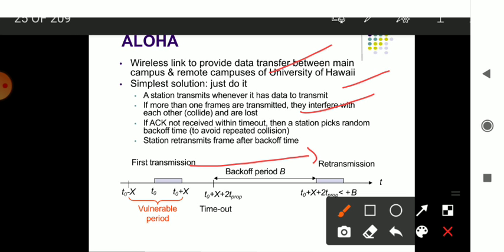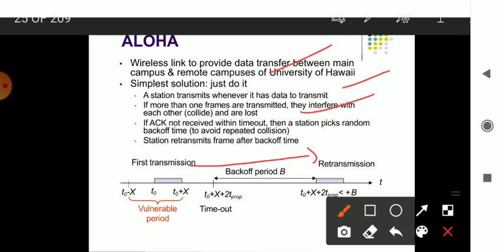When I transfer multiple frames at a time, one may be moving slower and another faster, so there are chances of colliding with each other. When a collision happens, there are chances that the information is not received at the other end.